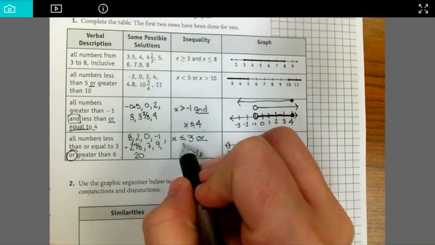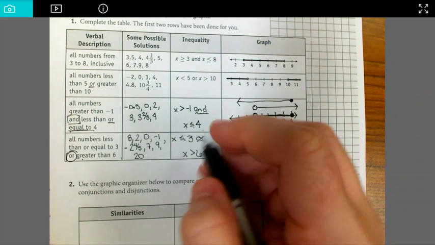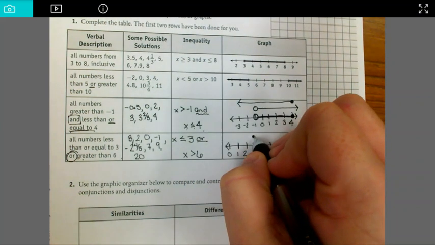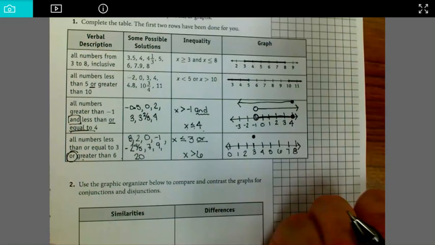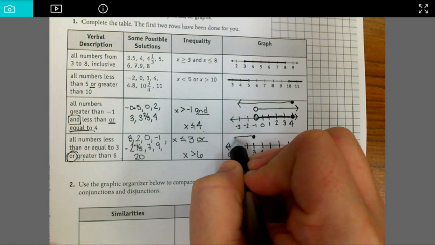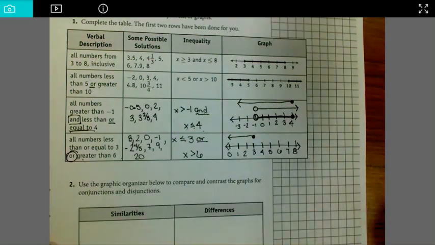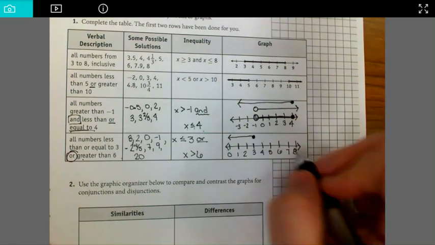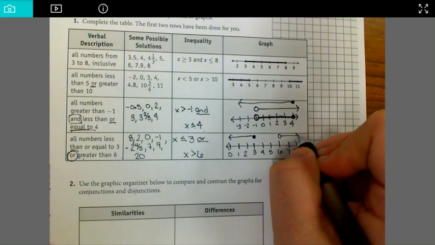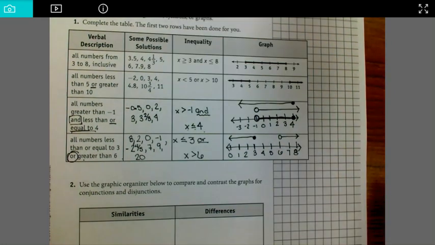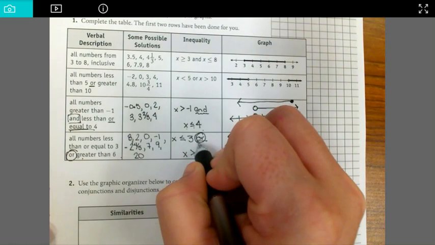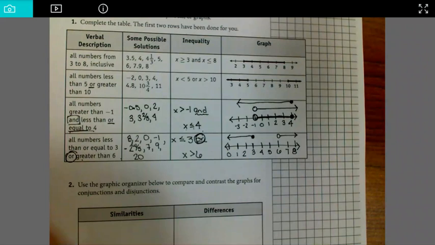So I can have numbers smaller than or equal to 3. So closed circle at 3, pointing to the left. Open circle at 6, pointing to the right. Now, notice there's no overlap here, but that doesn't matter because we're using the word or.